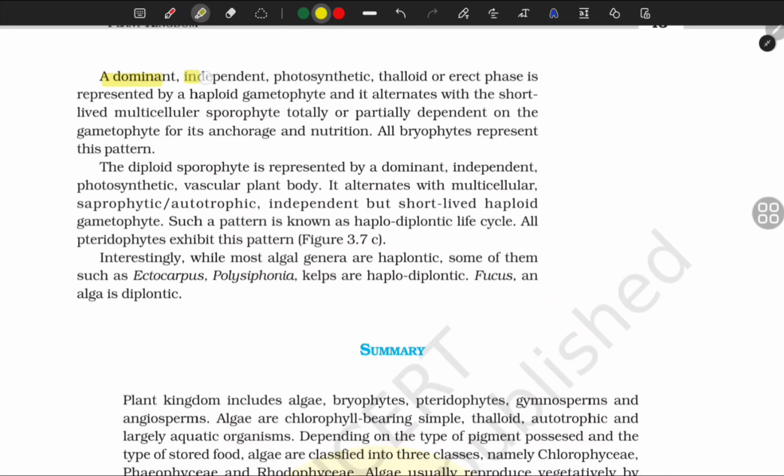A dominant independent photosynthetic thalloid or erect phase is represented by a haploid gametophyte and it alternates with the short-living multicellular sporophyte, totally or partially developed and dependent on the gametophyte for its anchorage and nutrition. All bryophytes represent this pattern.